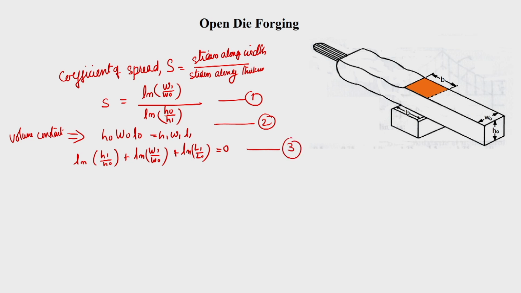If you substitute equation 3 into 1, we can get this relationship: 1 minus S is equal to length elongation by thickness contraction.